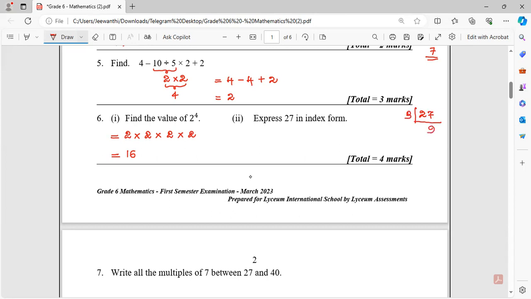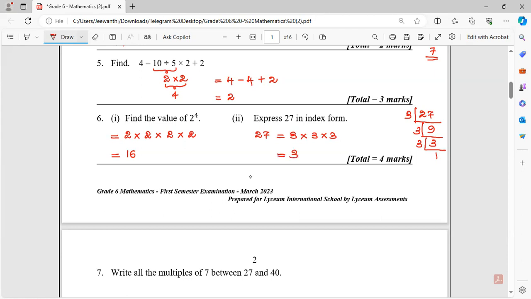It gives me 9. Again, I divide this by 3. It gives me 3. Again, I can divide this by 3. It gives me 1. So then 27, I can write like this: 3 times 3 times 3. But this is not the correct answer. Why? They have asked me to keep the answer in index form.